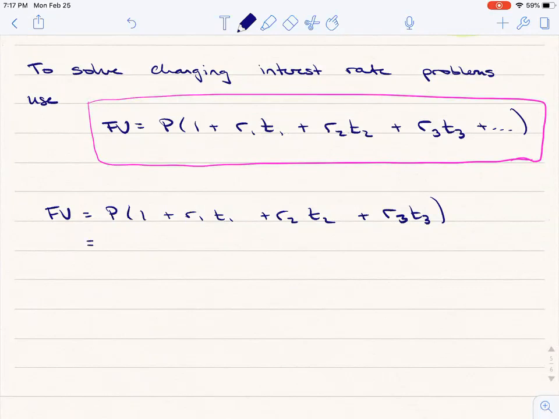So if we want to find out what this $1,000 is going to grow into, then the P is 1,000 times 1 plus R1, which is 0.05, times T1, which was 4/12, plus R2, which was 0.06 times 4/12, plus 0.07 times 4/12.